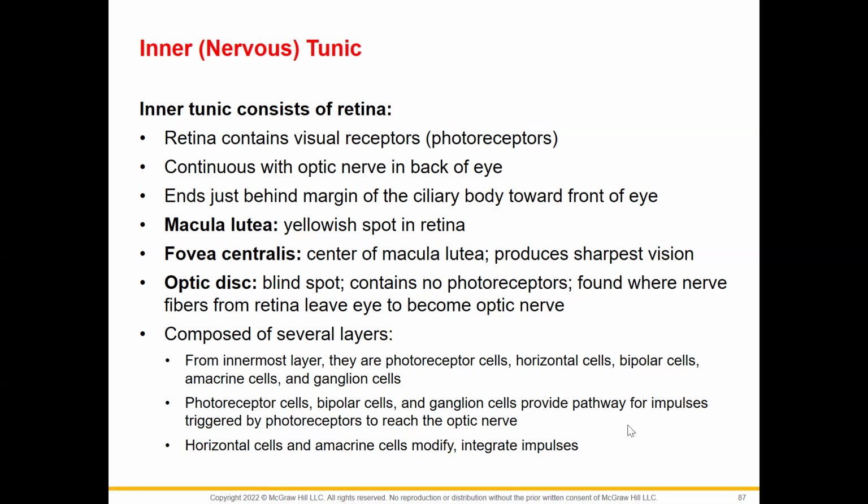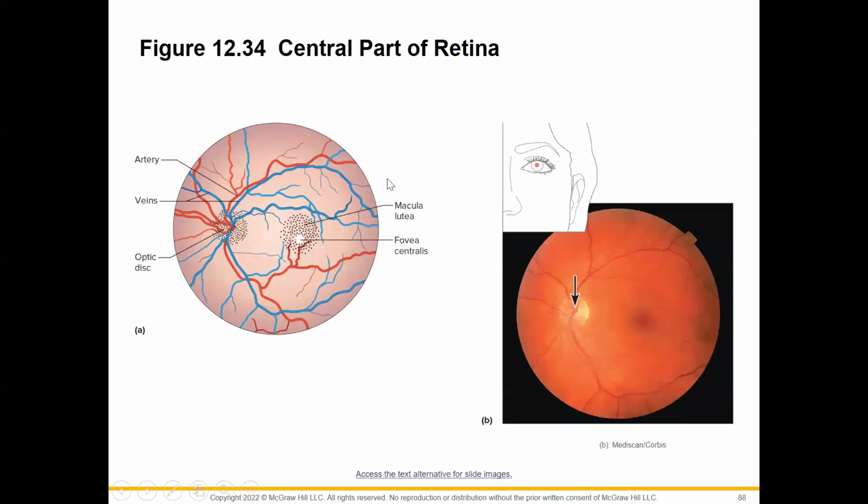So that is the inner tunic. The inner tunic consists of the retina, and these are the parts of the retina. When a doctor looks in the back of your eye, this is what they're seeing. This is the retina. You have this space here that is the macula lutea.